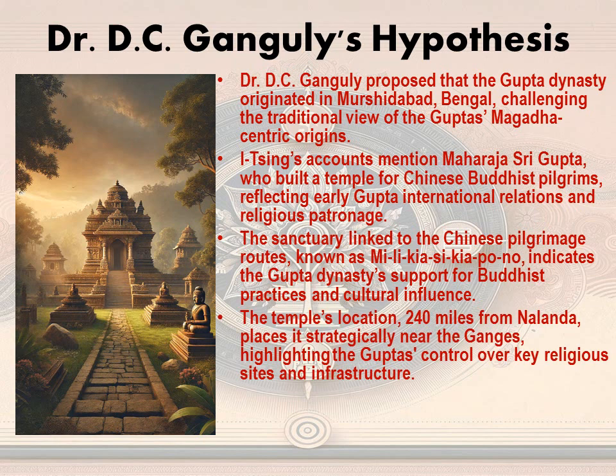The temple's location, 200 miles from Nalanda, places it strategically near the Ganges, highlighting the Guptas' control over key religious sites and infrastructure. So, the location of the temple, according to I-Tsing's accounts, has been mentioned to be 240 miles from Nalanda, and that places it near the Ganga River, which highlights how the Guptas strategically controlled the religious sites and infrastructure.